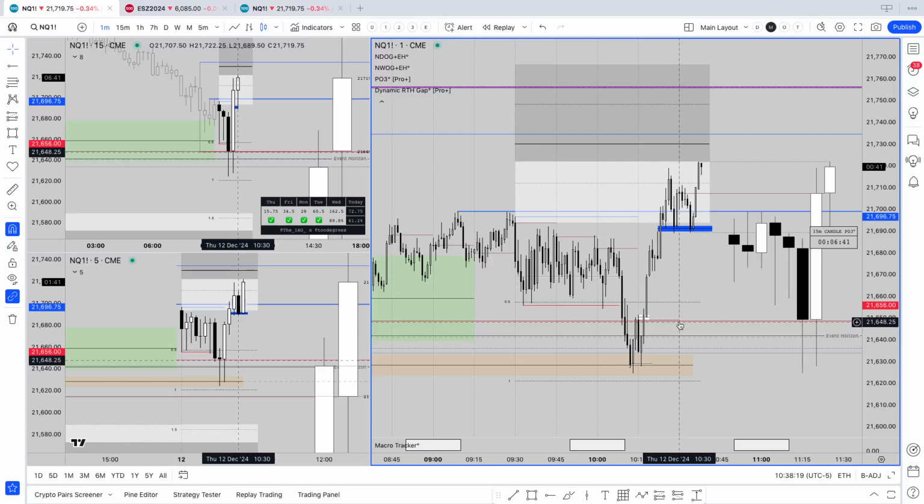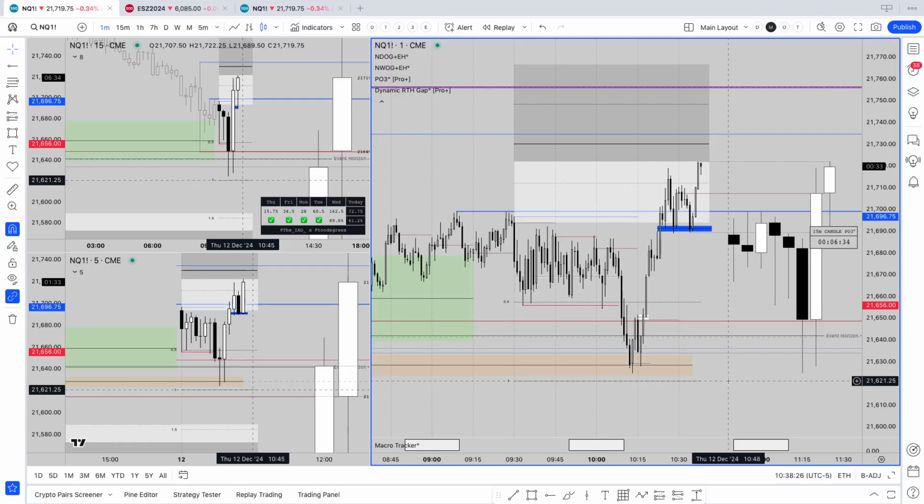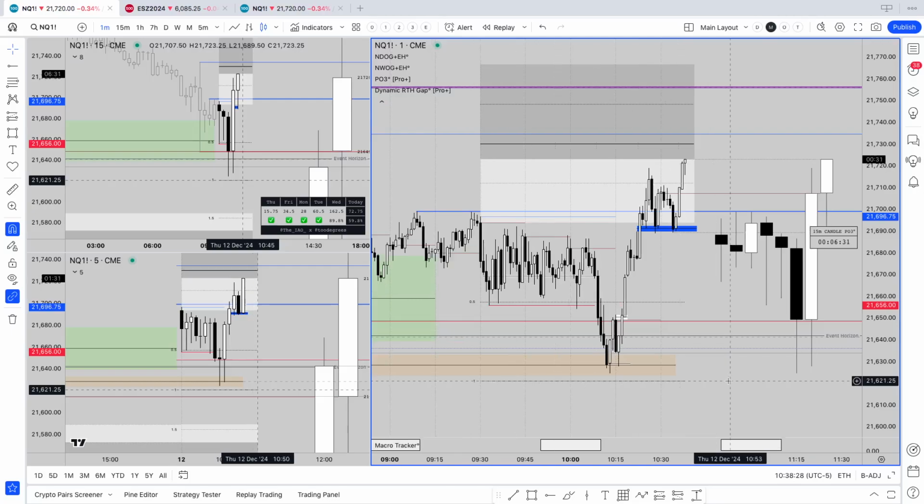He showed you the rejection block entry at the CE. Okay? And then price just instantly moved away from it. Market maker buy model. IOFED into a new high. Beautiful. So all the people that put a 2 in the chat right now that you're confused, please ask a constructive question, and we'd be happy to help you.